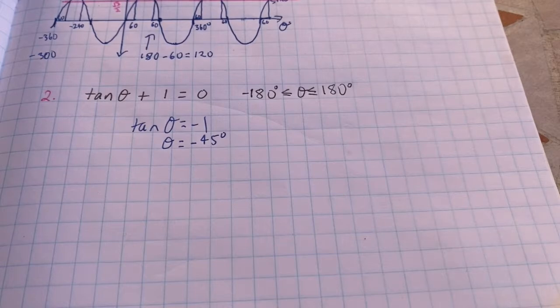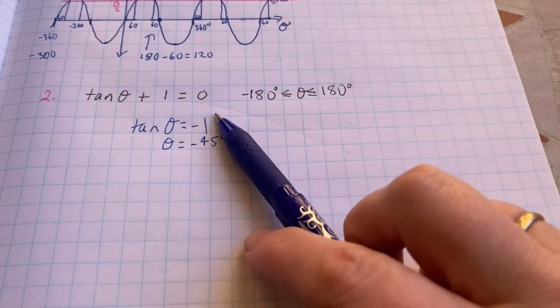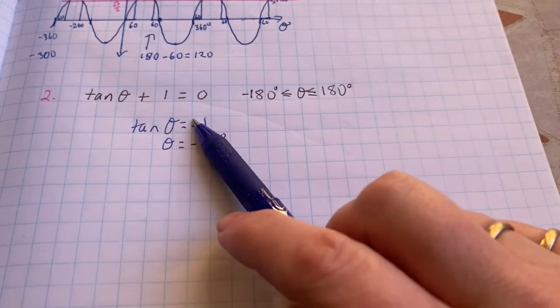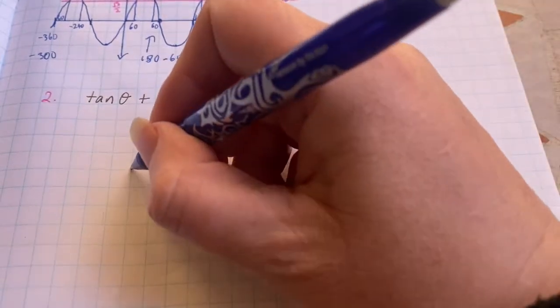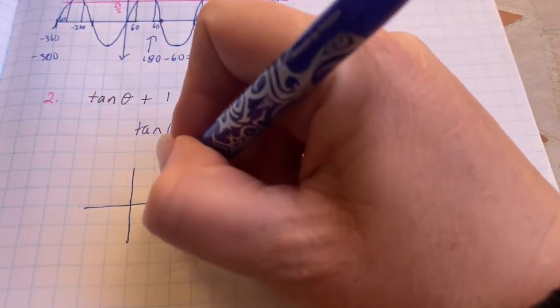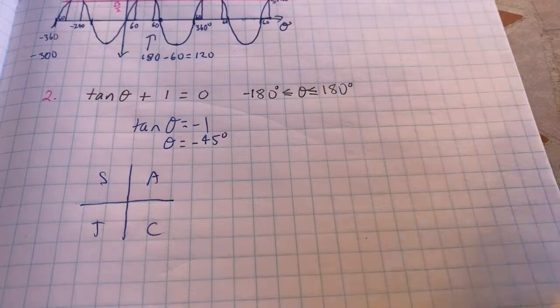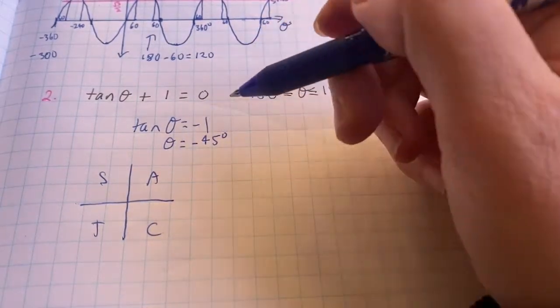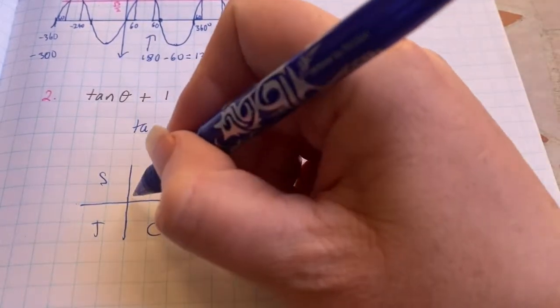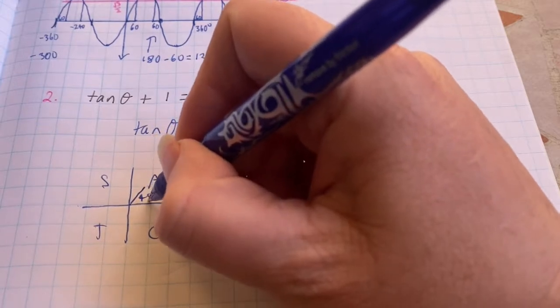But remember, there are more solutions. So firstly, what we can do is actually find out what would happen if theta was positive 1. So we do our all stations to central. Now, we've found that 45 degrees. If it was positive 1, that would actually give us 45 degrees as well.